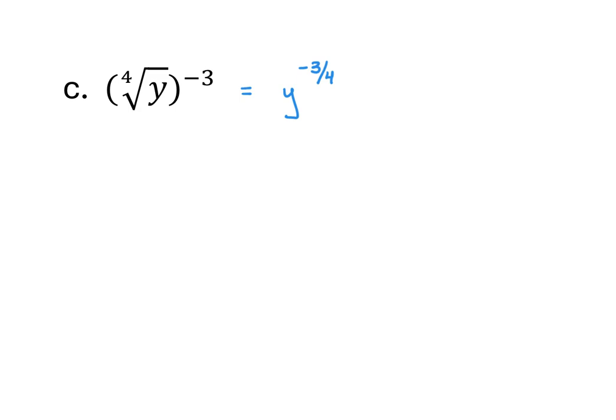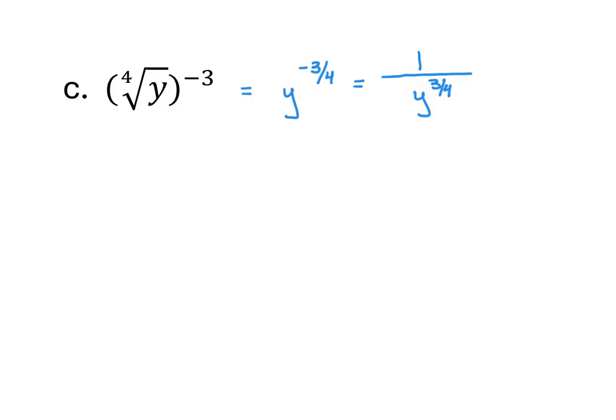Because it is asking for positive exponents, the last thing that we want to do is just move this down to the denominator. And so what we get is 1 over y to the 3/4. And we're done.